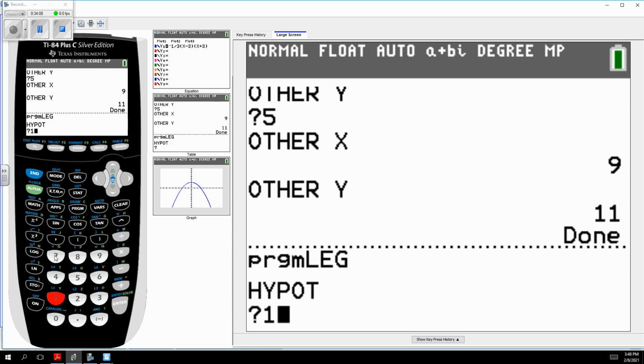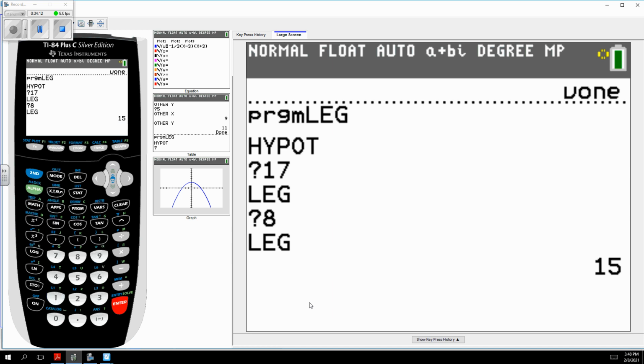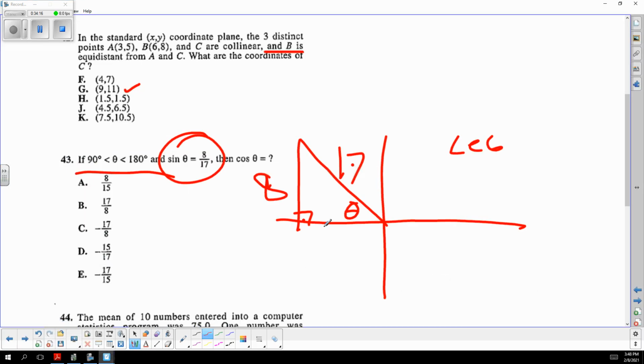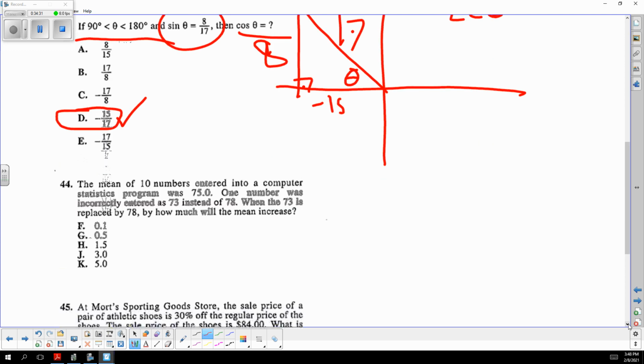It's 17, and the other one was 8. And it gives you the third side, which is 15. Now careful. We're moving to the left, so it's negative, and that's going to give you the cosine. The cosine is negative 15 over 17. They usually don't offer the positive there, so you can't screw it up, but we are moving to the left.